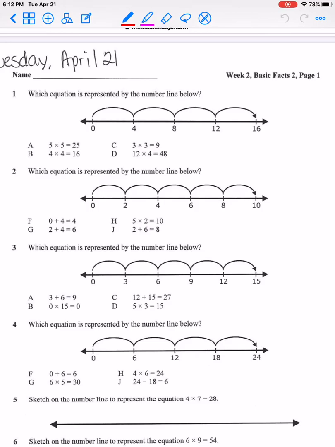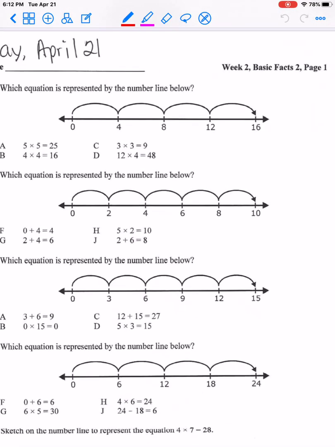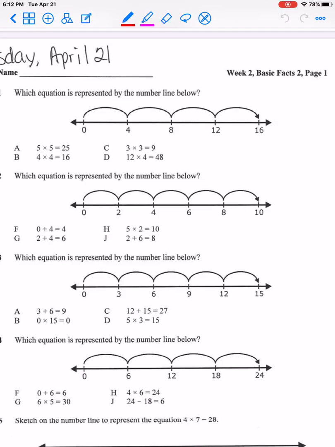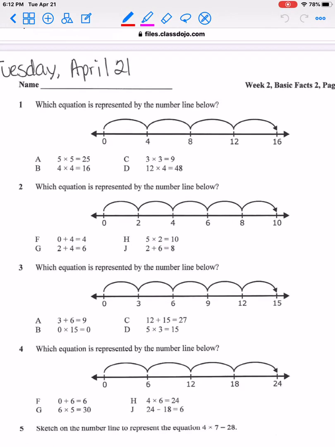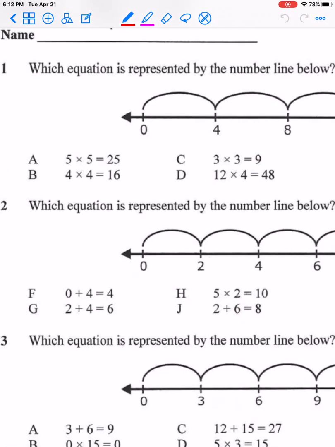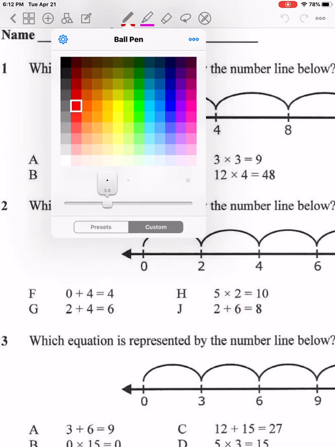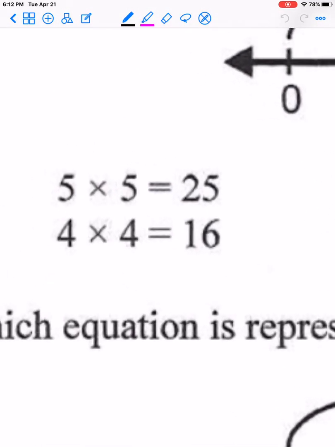First, let's go ahead and analyze our information. I know they're giving me a number line and I have to figure out how to use this information to create a multiplication sentence, because that's what my answer choices are giving me. They're multiplication sentences. If you remember from the previous math problems that we worked, this is how it would look.